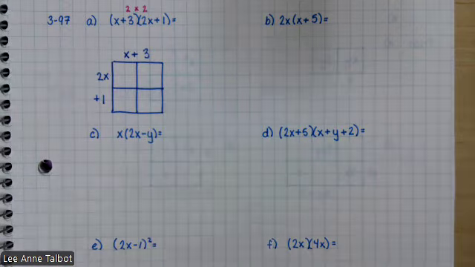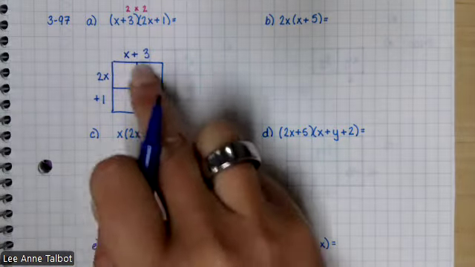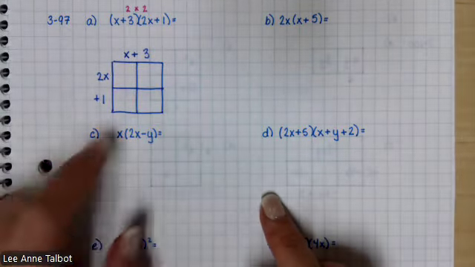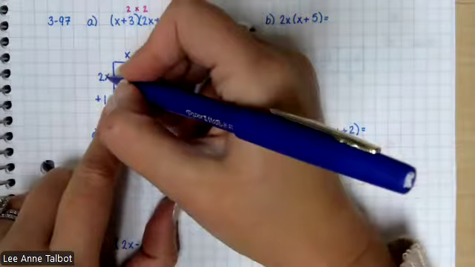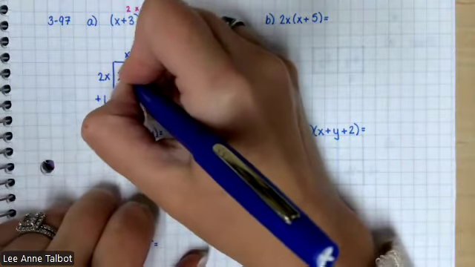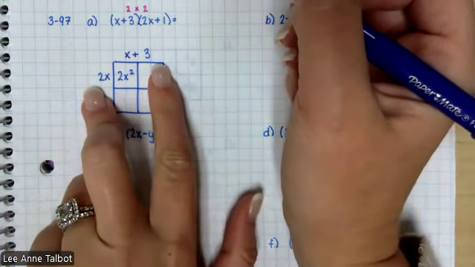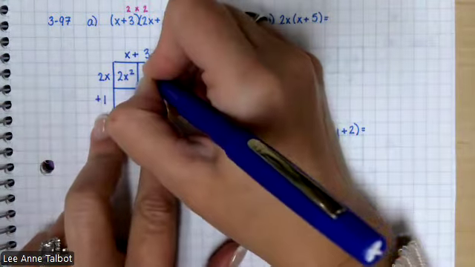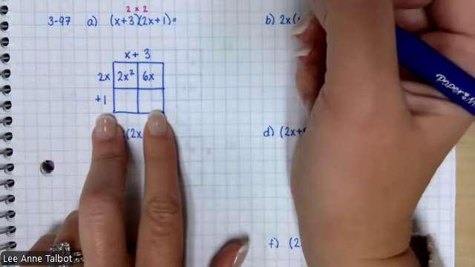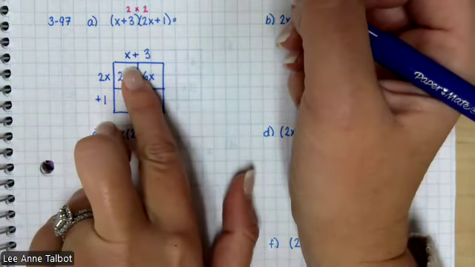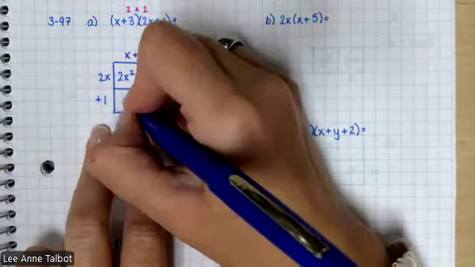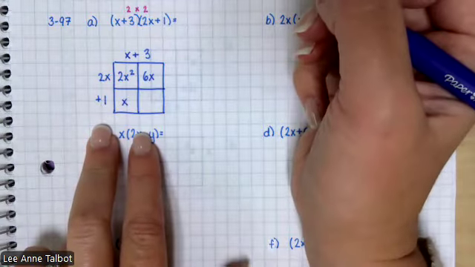Okay, step 2, find the sum of the parts. So 2x times x is 2x squared. 2x times 3 is 6x. x times 1 is just x. You can put 1x there if you like.